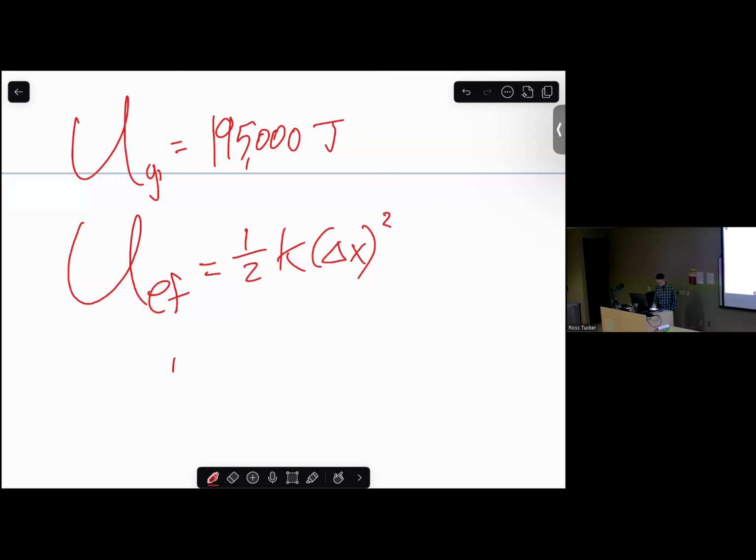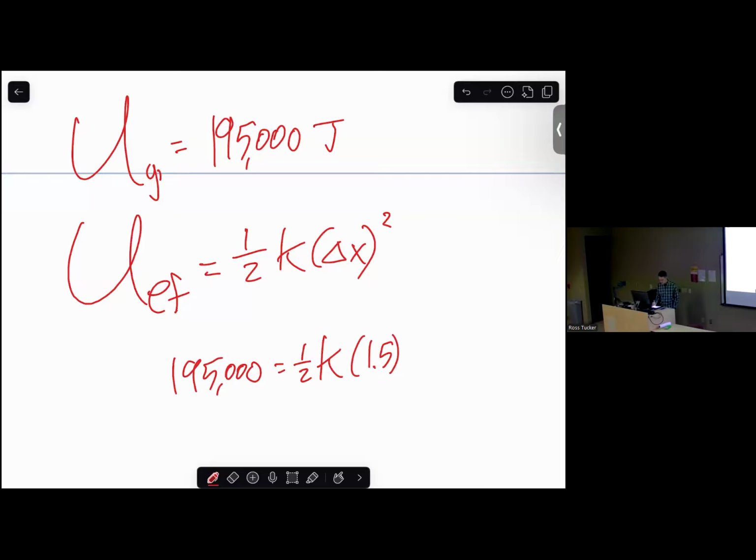If these are equal, 195,000 equals one-half the unknown that I want, and I know delta x is 1.5 because I told you. Solve and get K. You like it better?